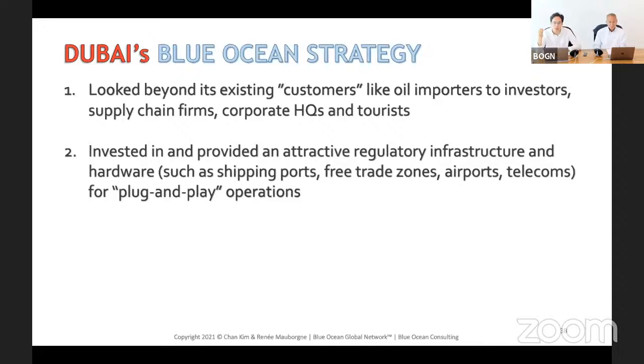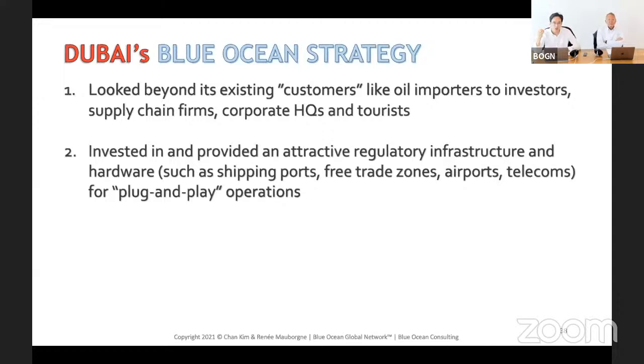Dubai is now famous for its free trade zones. In the 1970s and 1980s, they had only one major free trade zone, the Jebel Ali free trade zone, and they made most of their money from it.